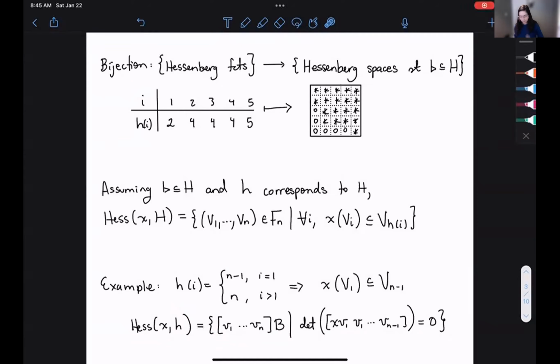Because V_1 is spanned by v_1, and you want this object to be in here, and that's equivalent to forcing this determinant to be 0. And so this is an example of a codimension 1 Hessenberg variety with a very concrete description.